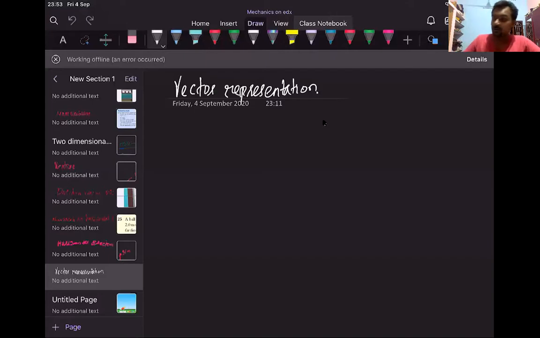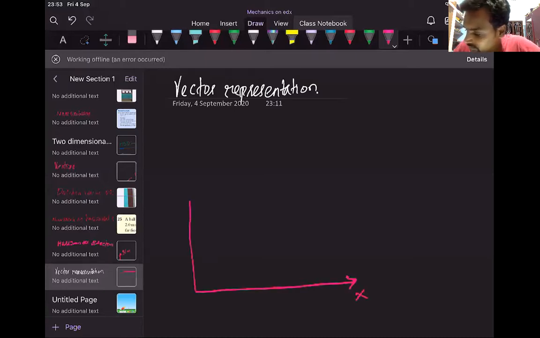So let me go back to my iPad screen. Okay, let me quickly draw the axes. You have the x-axis here, correct? You have your y-axis here, correct? And if you remember, the initial velocity was 18 meters per second.